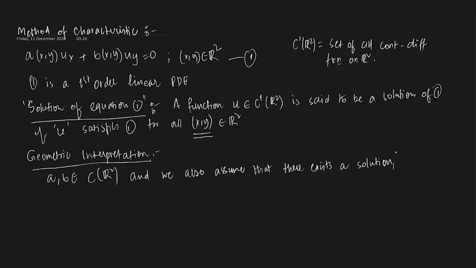We do not know if that equation has a solution or not, but initially we are going to assume that A and B are continuous, and there is a solution to this equation.